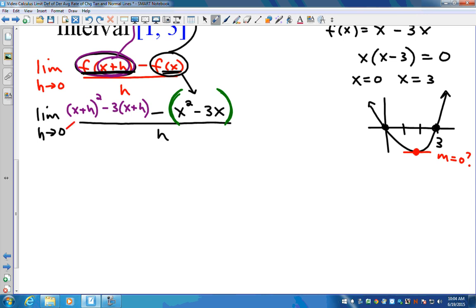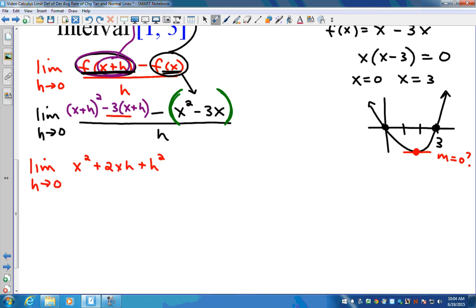What do you want to do? You want to plug 0 in for h? Go ahead, you could plug 0 in for h, but trust me when I tell you, you're going to get 0 over 0. So we're going to have to do some algebra. Calculus is tough because there's so much algebra involved. What's x plus h, the quantity squared? Well, it's x plus h times x plus h, or x squared, plus xh plus xh, which is 2xh, plus h squared, all right?